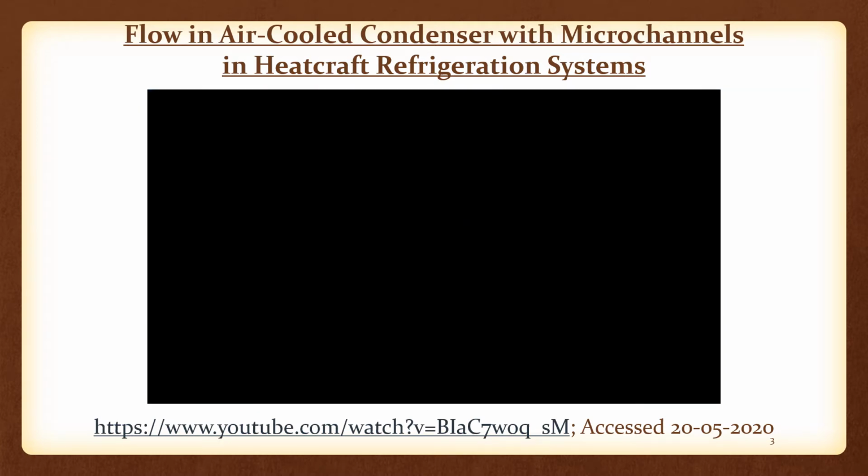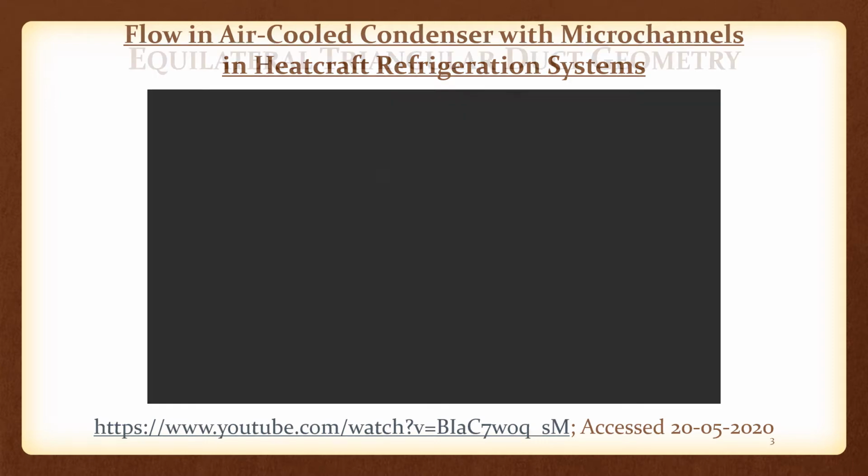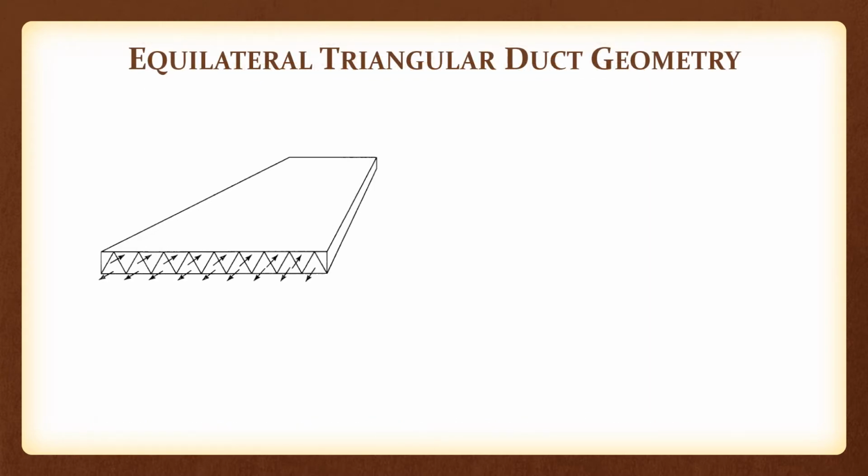So here we see microchannel heat exchangers with triangular ducts for flow of the refrigerant. This is the equilateral triangle duct geometry. You can see that two fluids flow, one flowing into the equilateral triangular duct and the other coming out of the duct.